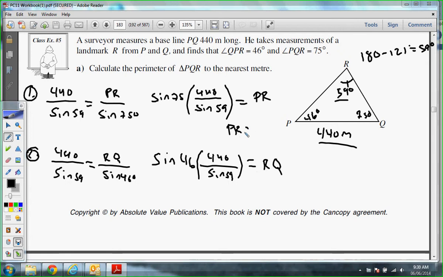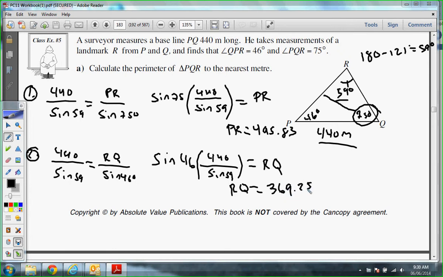So PR, you put that in your calculator, PR comes out to be 495.83. And that makes sense because angle Q is the biggest angle and it makes the biggest side. 495 is bigger than the 440. Okay, and we're assuming it's going to be bigger than the next one, and we'll find out. RQ comes out as 369.25.